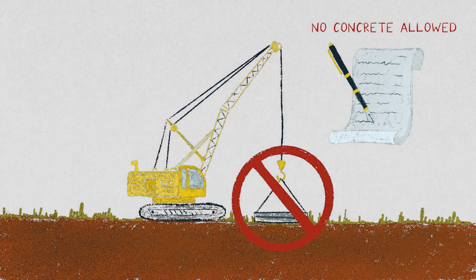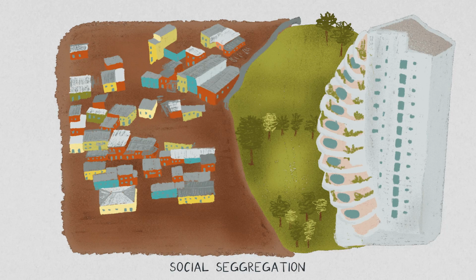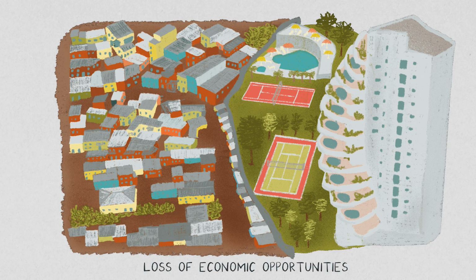Many projects that do get realized despite all these challenges do supply additional housing in quantity, but at the cost of strengthening social segregation, income inequality, and loss of economic opportunities. Or they simply do not fit the way people are used to live their lives.